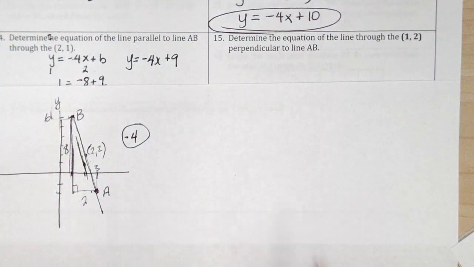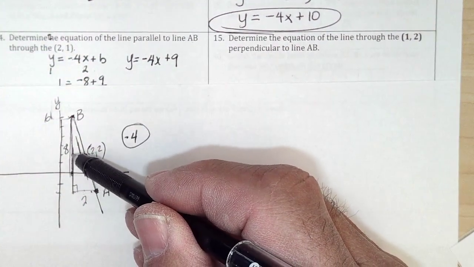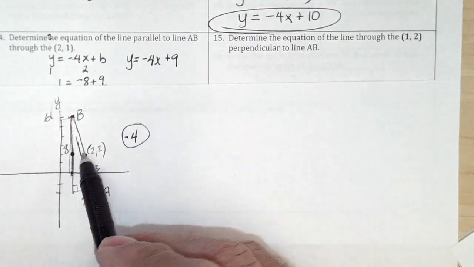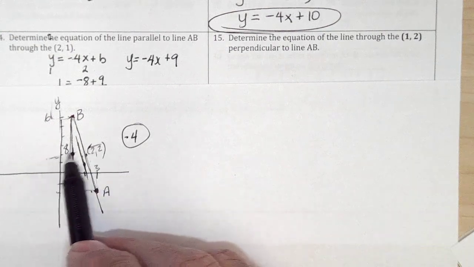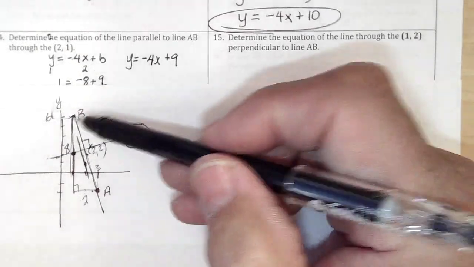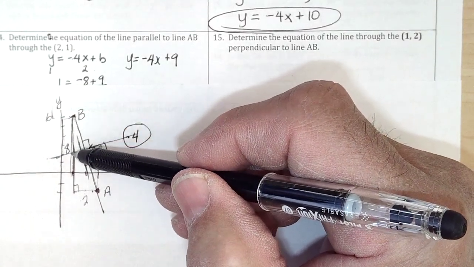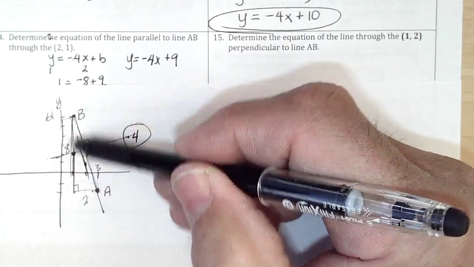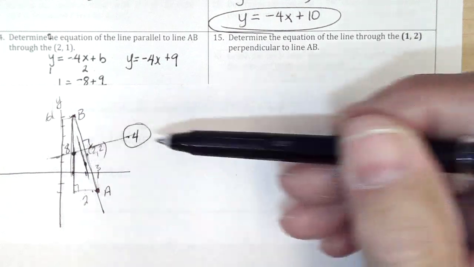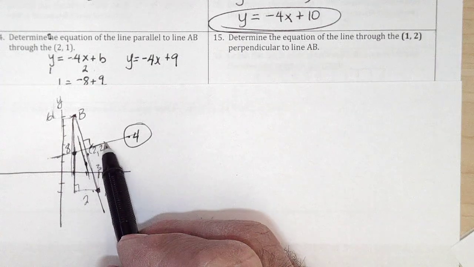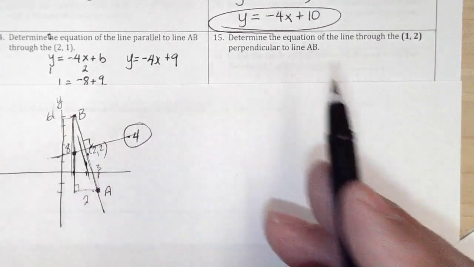Then it says determine the equation of the line through (1, 2) that's perpendicular to AB. Perpendicular, 90-degree angle. Well, if this line is going down 4 for 1, or down 8 for 2, this one must go up 1 and over 4, and it has a positive slope.